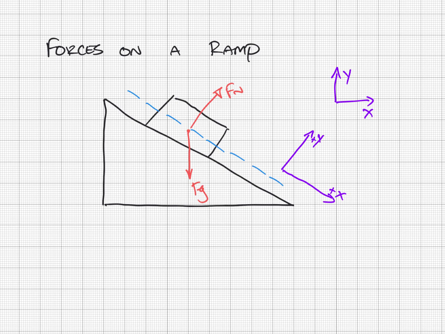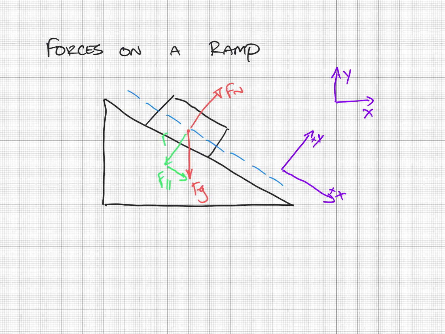So in doing that, we're going to see that my normal force is in the y direction, but now gravity is actually at an angle. And so what we're going to do is break gravity up into its x and y components. This would be the vertical component or the y component. This would be the x component. So this would be my force parallel, and we say that because it is parallel to the surface of the ramp.